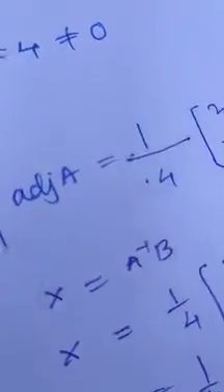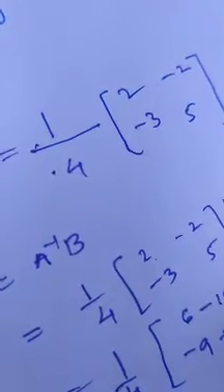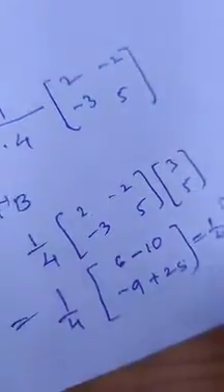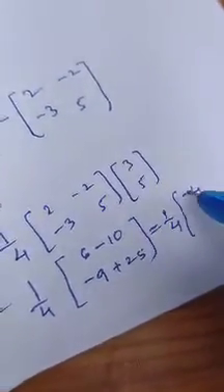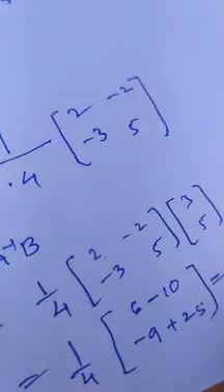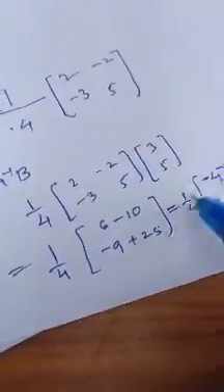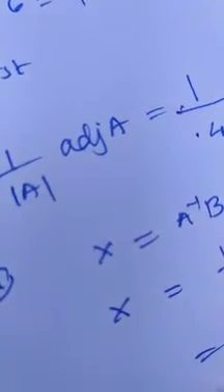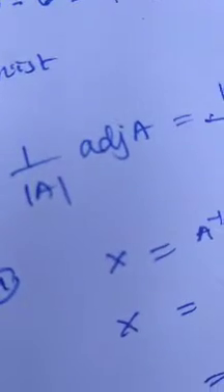So that is equal to 1 by 4, 6 minus 10 is minus 4, minus 9 plus 25 is 16. Now dividing by 4, you will get capital X is equal to minus 1, 4.